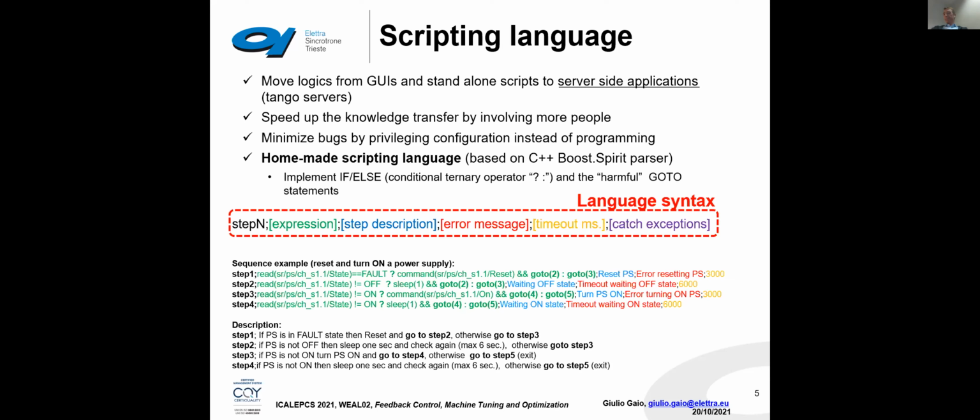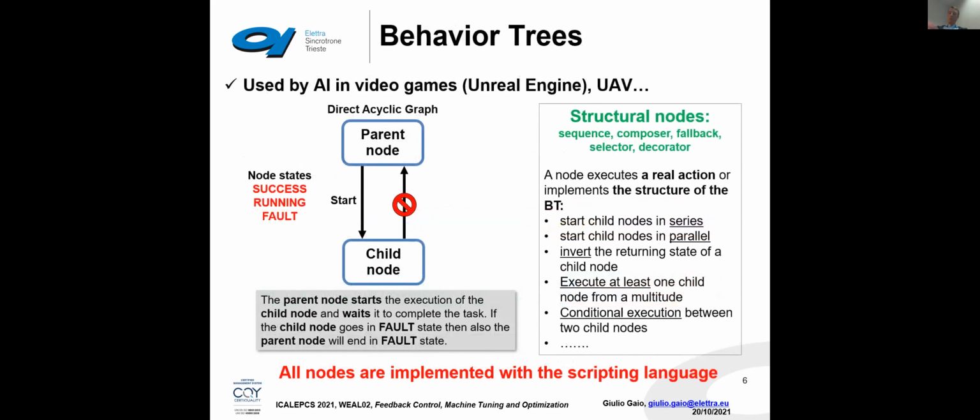So this language is, let's say, quite powerless. But how do we build up a very complex task with such a powerless language? Behavior trees are exactly designed to implement complex tasks starting from simple ones. They are used by AI in video games and unmanned vehicles, and are based on the one-way relationship between the parent node and the child node.